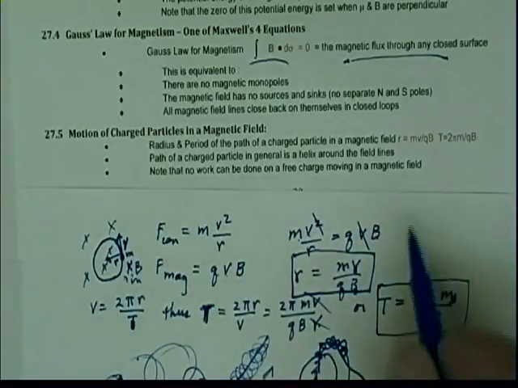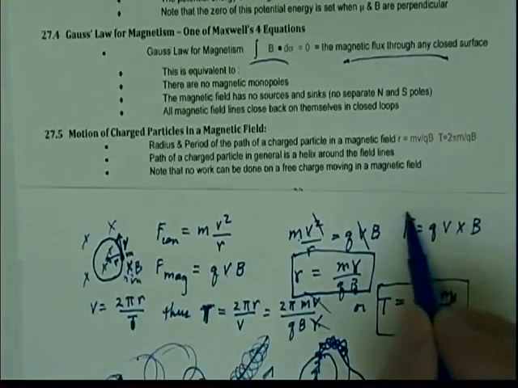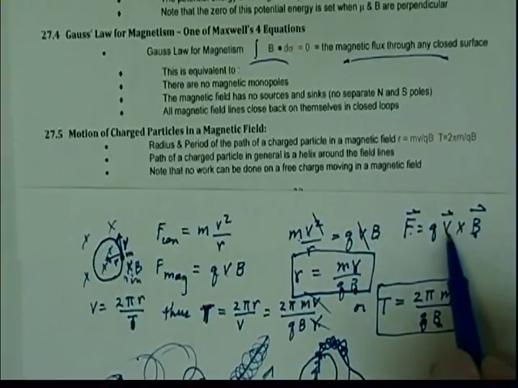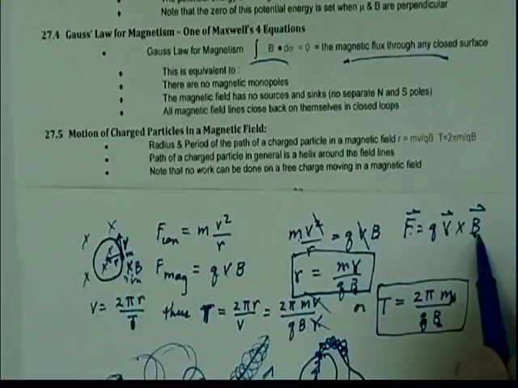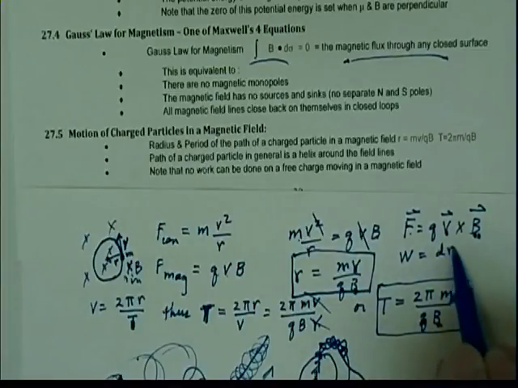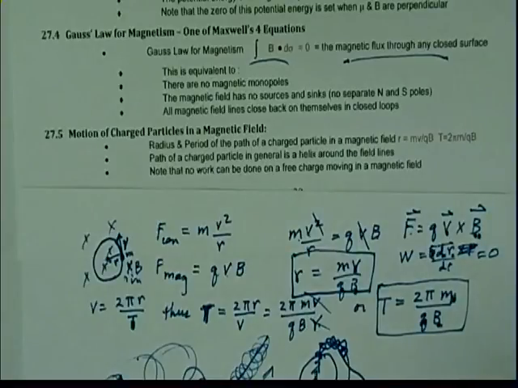If I look at the equation that we had earlier, F equals qv cross B, you'll notice the force, since this is a cross product, is perpendicular to v and perpendicular to B. Therefore, since work is F dot dr over an infinitesimal distance, dr, and this is dr over dt, because of this dr and the F being perpendicular, this is always 0.